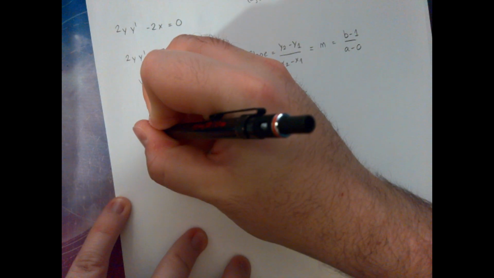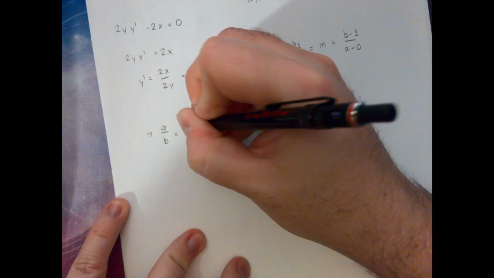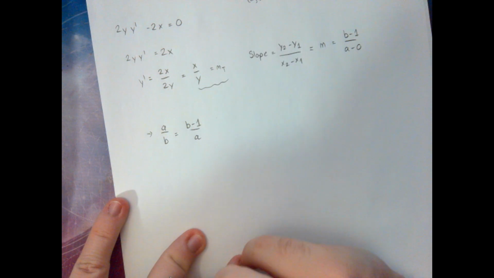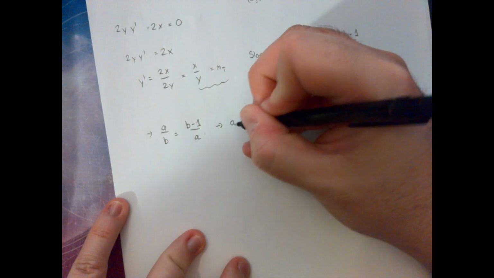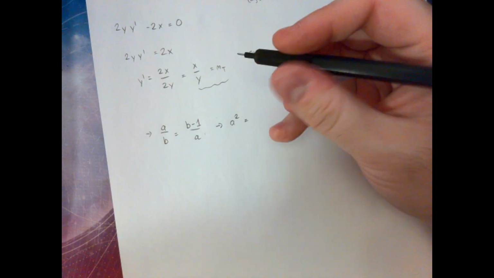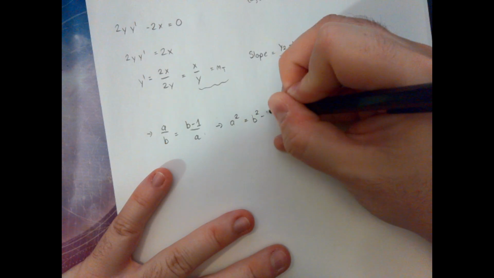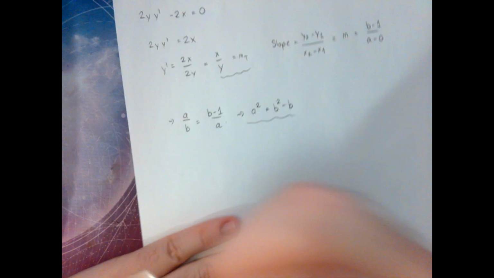So I end up with a over b is equal to b minus 1 over a. When I cross multiply, a times a gives me a squared, and b times b minus 1 gives me b squared minus b.